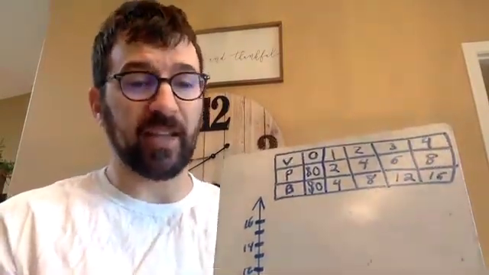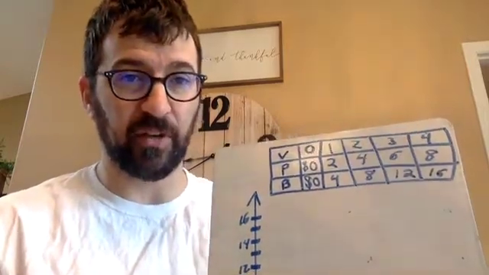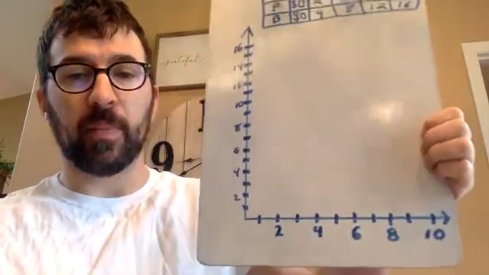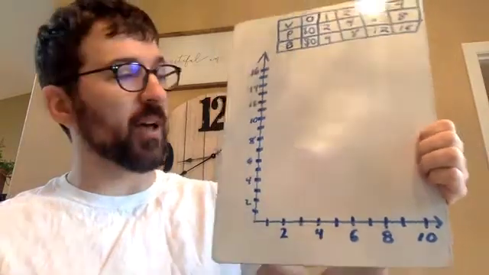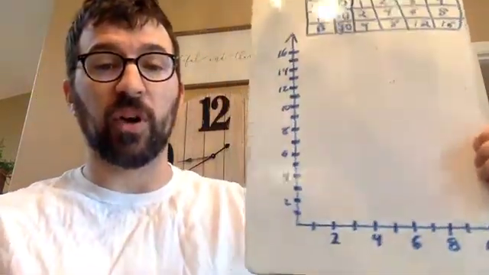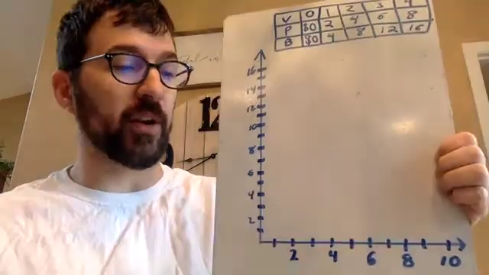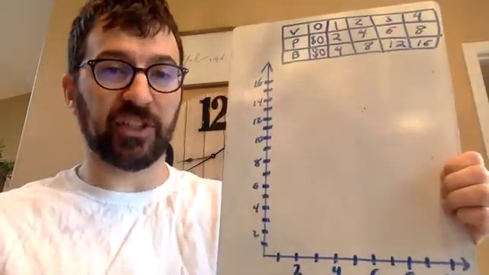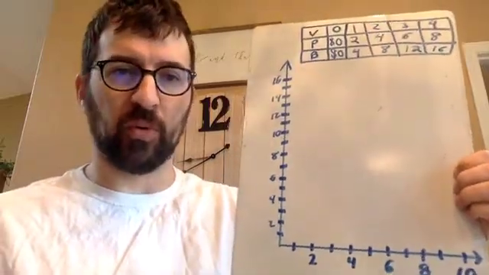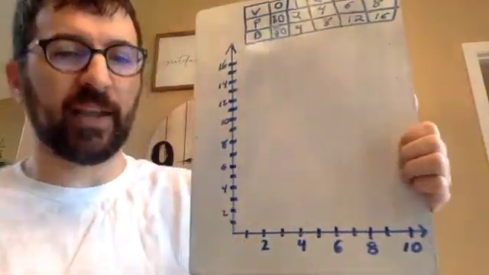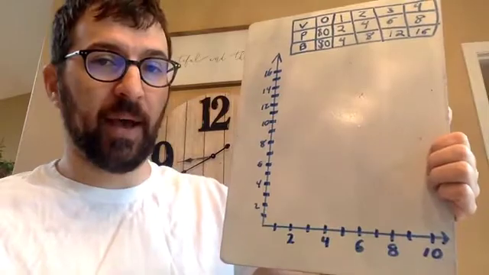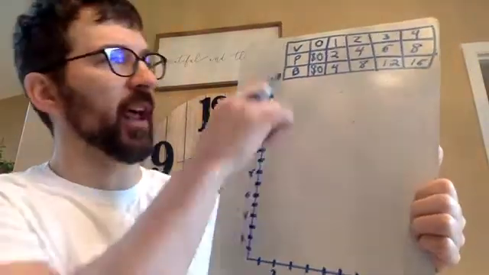So our next task is going to be to take this information and graph this onto our coordinate plane here. I didn't draw the lines this time, but graph this on our coordinate plane to show that relationship. We can do that multiple ways. I'm going to do that by looking at my numbers that I have here.